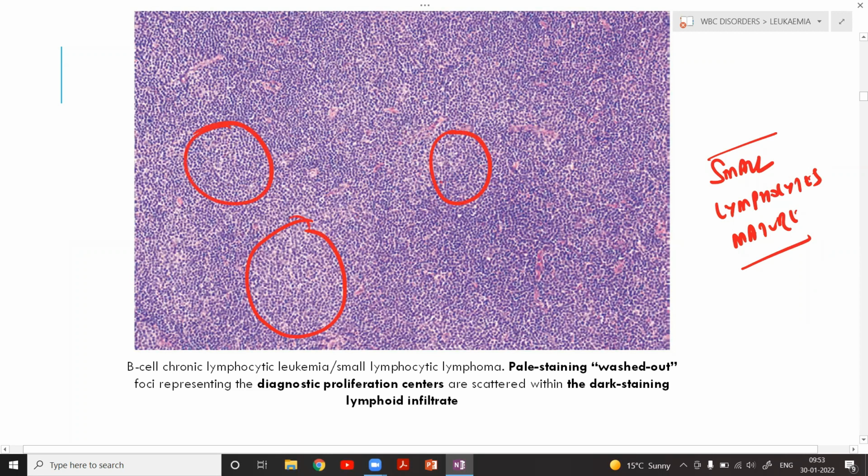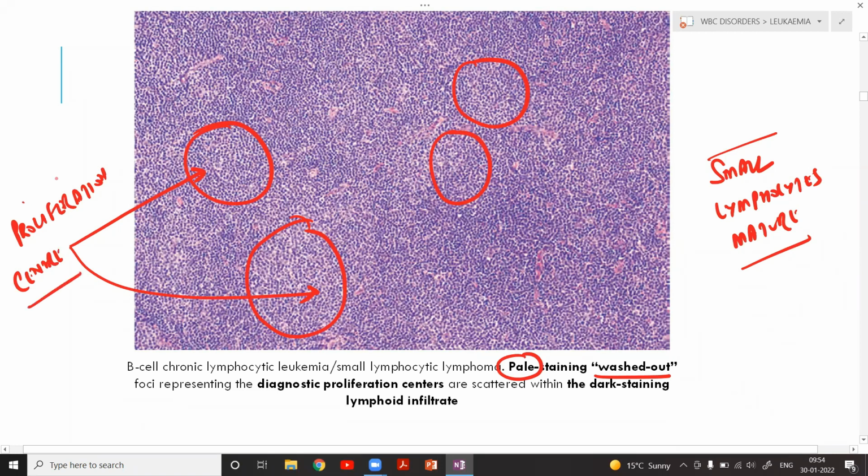Is that appreciable to everyone? Why is it pale? Do you know? This area shows active proliferation, and this is called proliferation centers, which are classically seen in case of SLL, CLL.